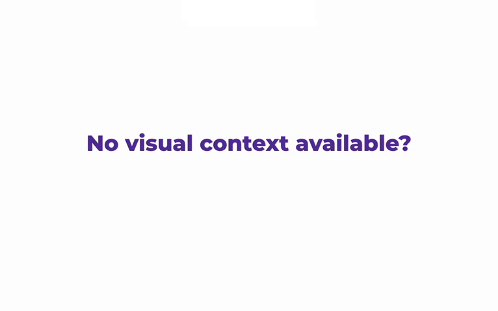For example, if the strings to translate come directly from JavaScript or JSON content, a different solution may be required to provide visual context in Smartling. Please feel free to reach out to your Smartling representative for further guidance and information about other methods of capturing visual context.